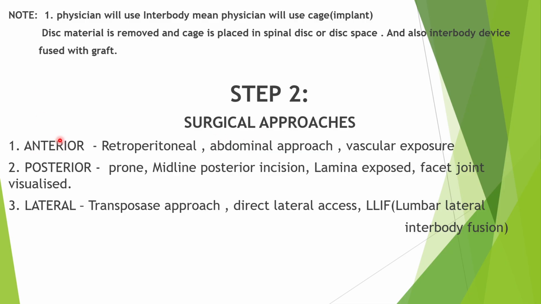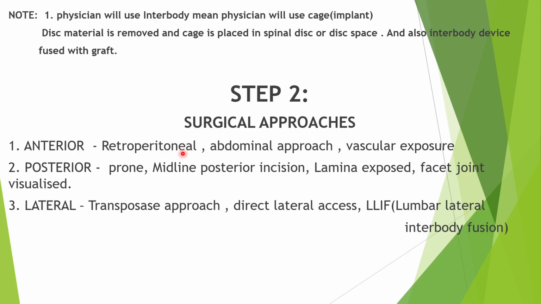The main three approaches are anterior, posterior, and lateral. So these are the surgical approaches to access the spine. The first is anterior, that is in the front, which means the surgeon reaches the spine from the front of the body.